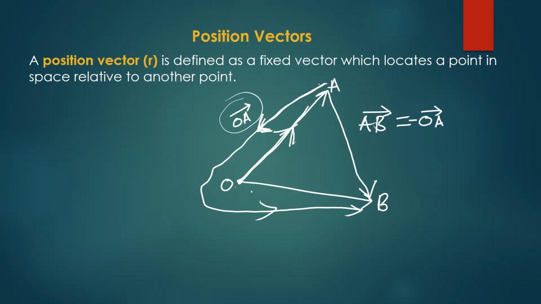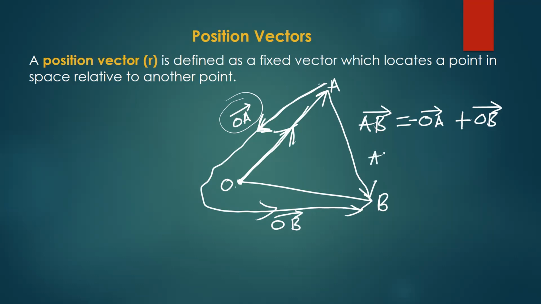Since this other vector is OB and it's in this direction, we're not opposing its direction, so we just write positive OB. So we have AB is equal to negative OA plus OB.